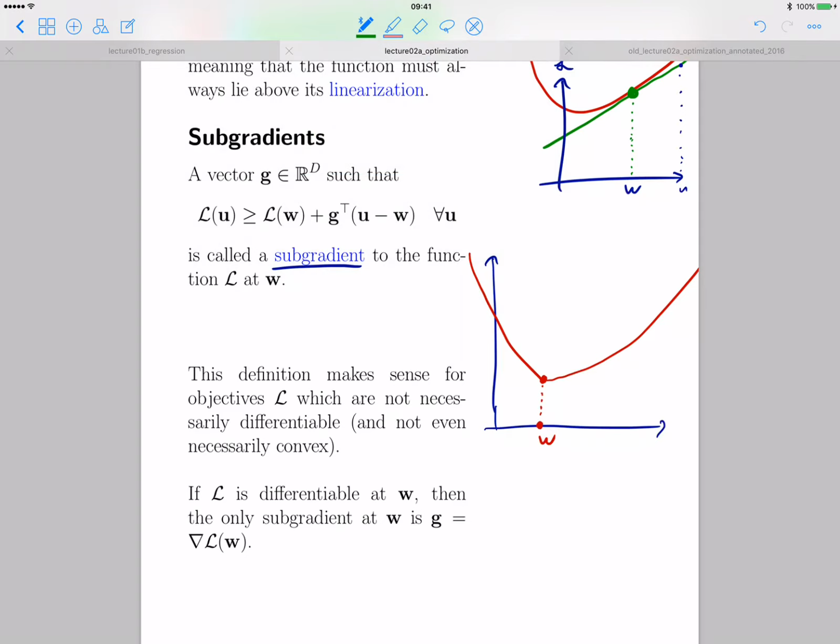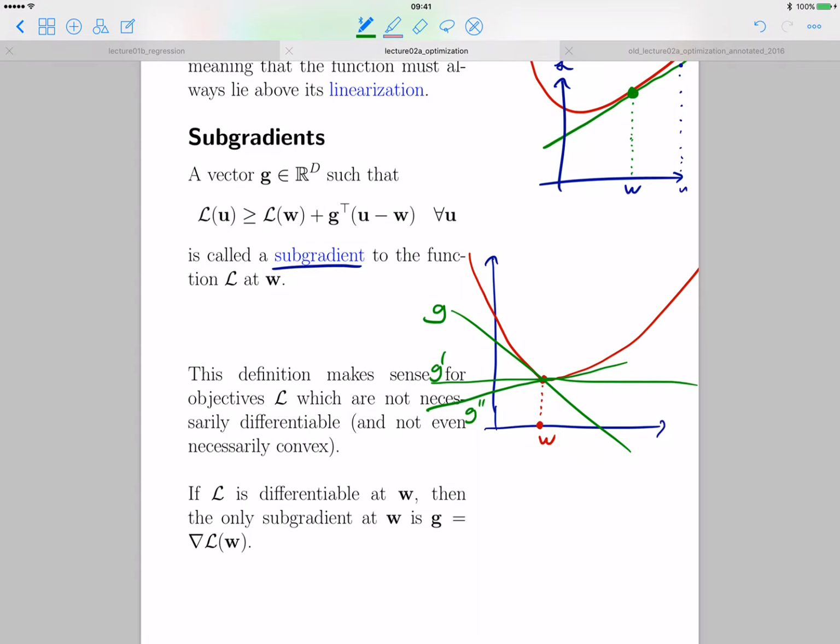Yeah, this is one, and some more. This is defined by some vector g. This is another one, g prime, whatever.